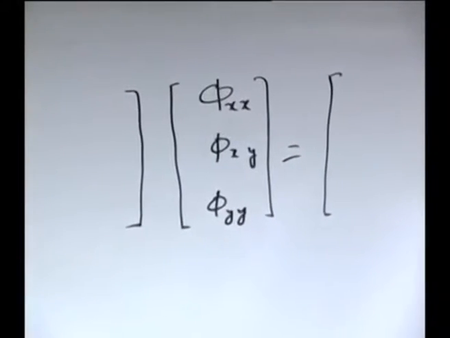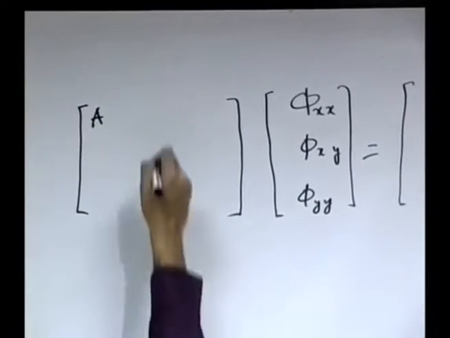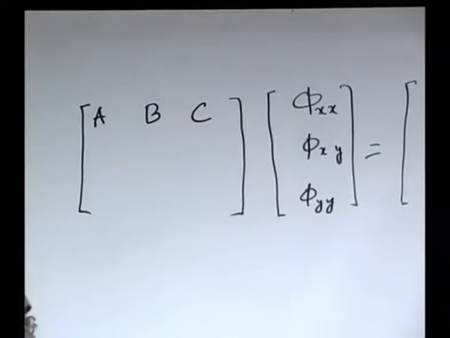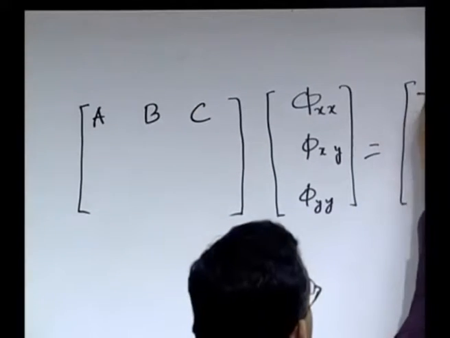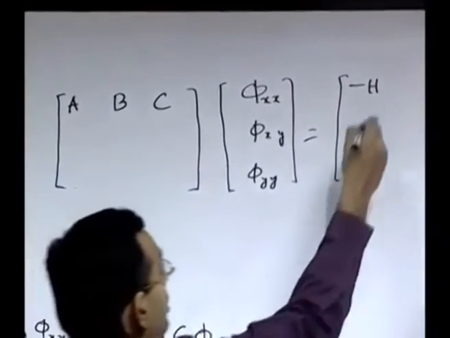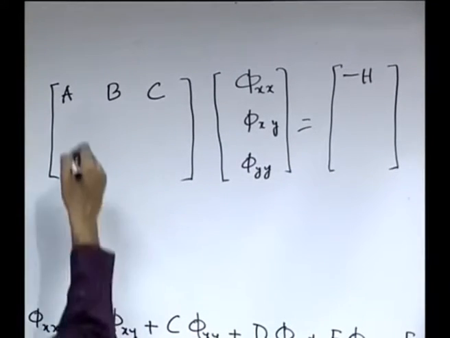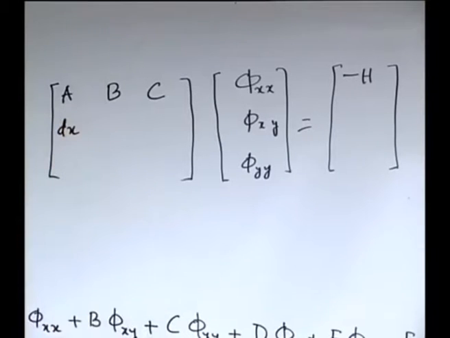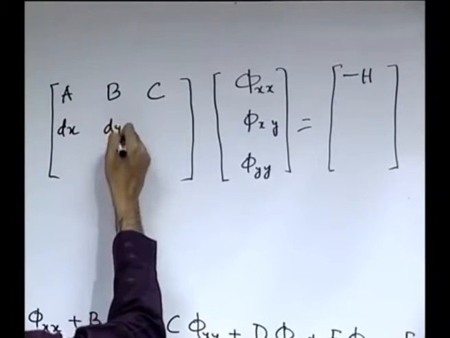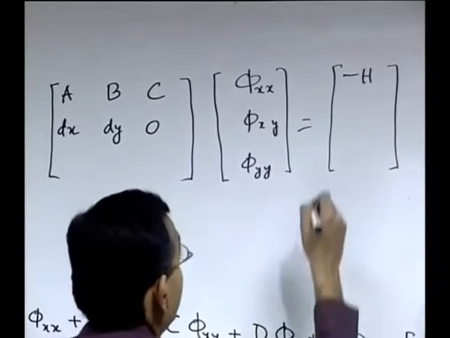From the equation 1, it is a into phi xx plus b into phi xy plus c into phi yy is equal to minus h. From the second equation, phi xx into dx plus phi xy into dy, there is no phi yy, is equal to d phi x.